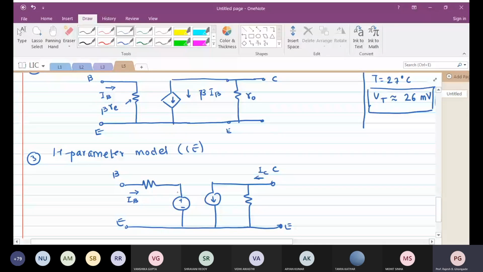Yes, what is this component? H parameter equivalent. Guys, so common emitter. Current, it's going to be controlled. This parameter, this resistor, what was it called? HIE.